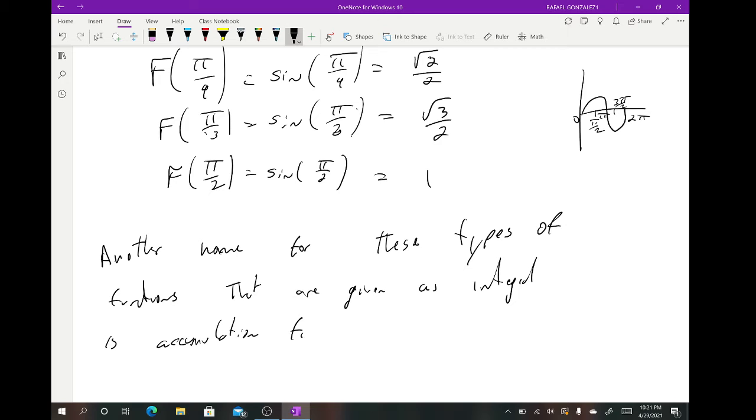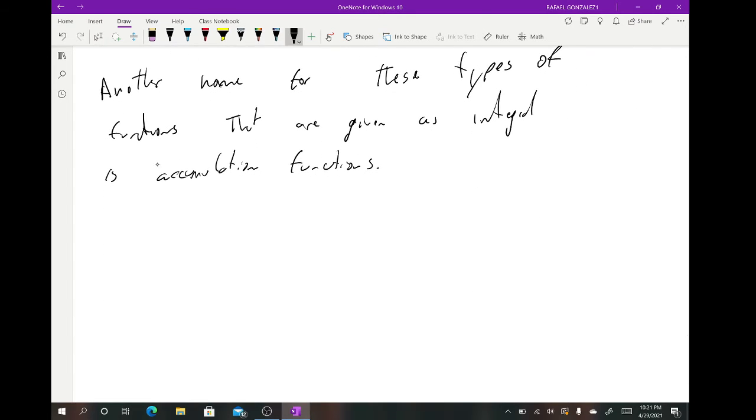Accumulation functions. And the reason for that is this.